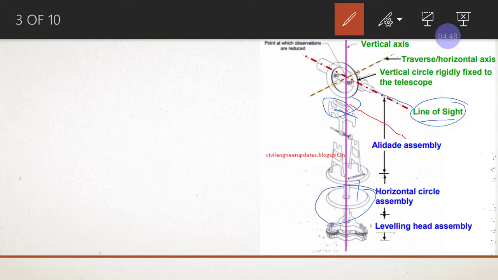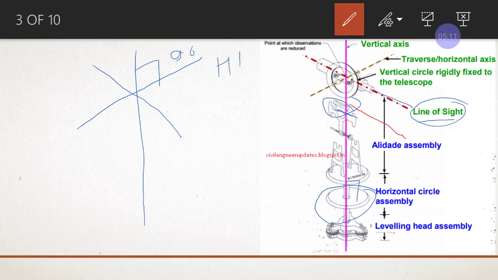So what we have studied today is that there is a vertical axis, to which there is a horizontal axis making 90 degrees to it. This is your HA, this is your VA. Then this is your line of collimation, perpendicular to the horizontal axis, making 90 degrees.